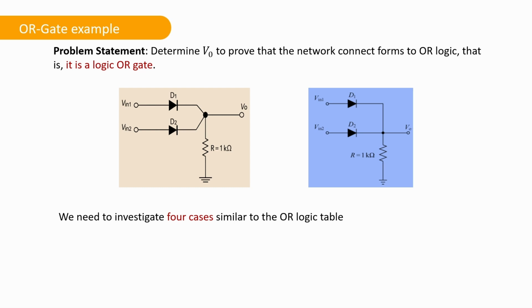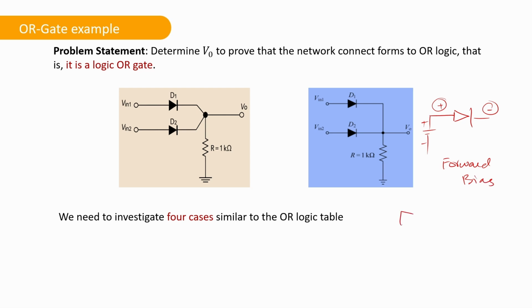So it's really easy. First thing which we should recall is that for diodes, we must know that a diode is in a forward bias condition if its positive terminal is connected with the positive terminal of the battery. Okay, so this is forward bias condition.